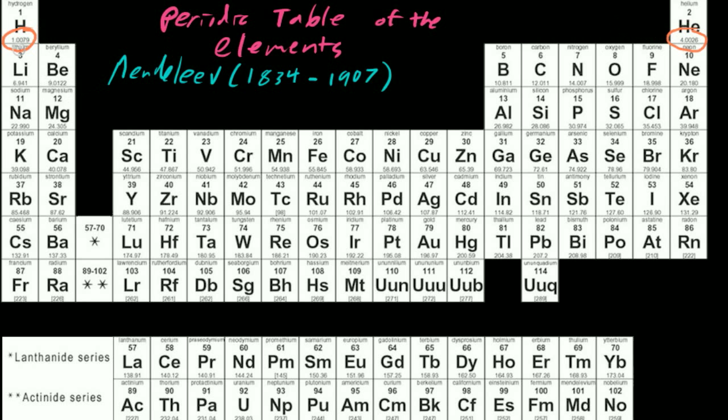Mendeleev noticed certain things, particularly that elements like fluorine, which is right here, had very similar chemical properties and would bond with other elements in very similar ways to the way that chlorine would. And chlorine's right below it.